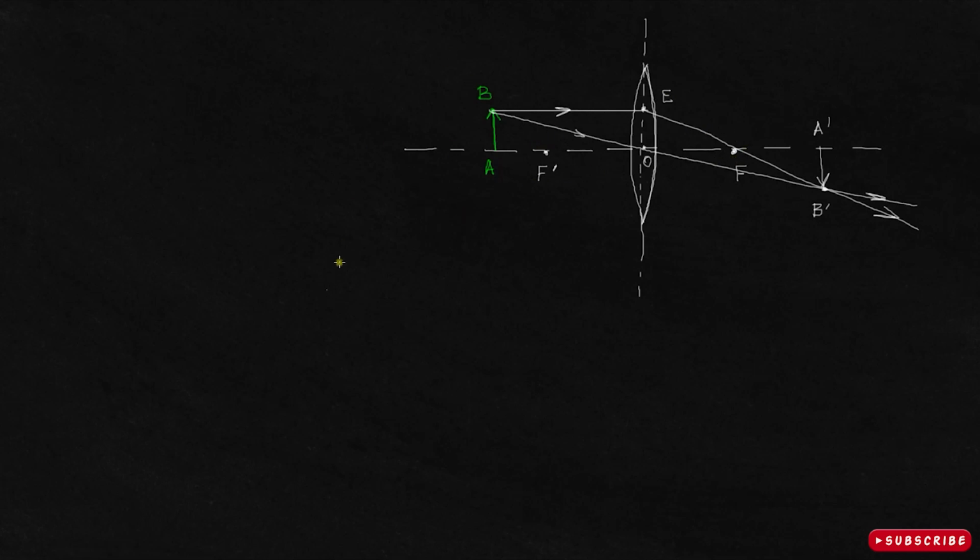Okay. Now we are actually using the property of similar triangles to arrive at this equation, that is, the thin lens formula. For that, let me consider first the triangle BAO and triangle B dash A dash O. Let me draw that triangle here.